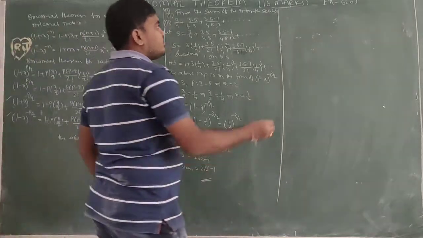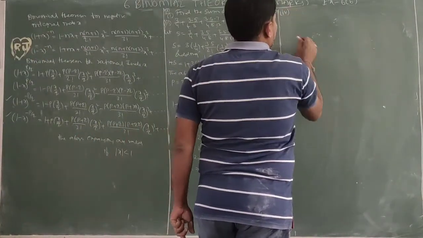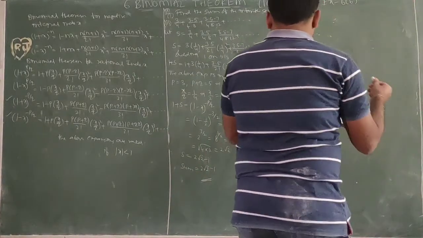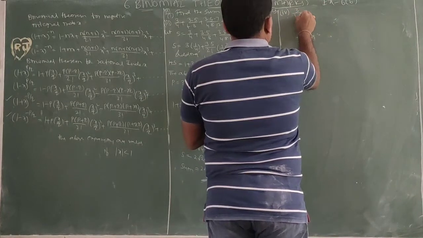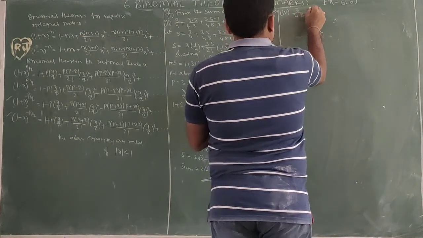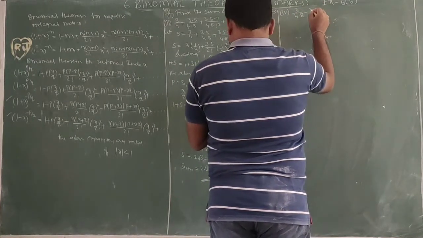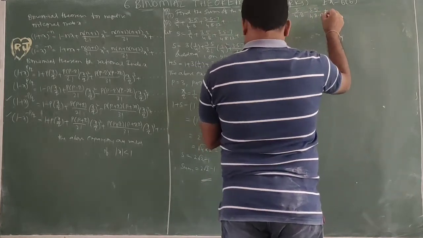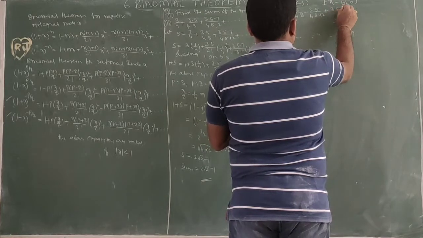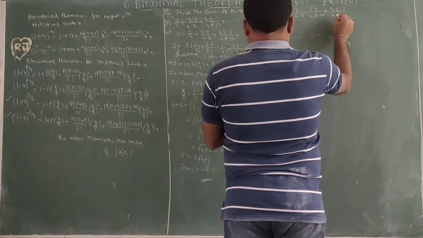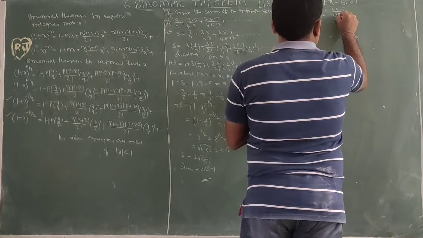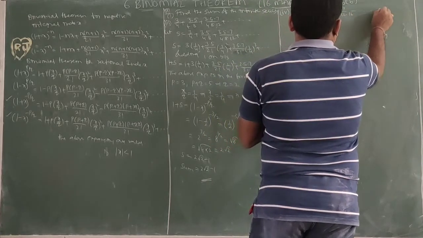Next, the fourth one. Fourth one is 3 by 4 into 8 minus 3 into 5 by 4 into 8 into 12 plus 3 into 5 into 7 by 4, 8, 12, 16 minus up to so on.